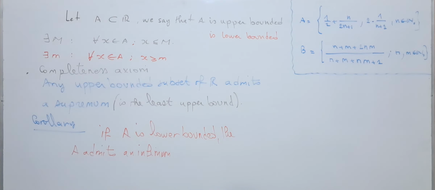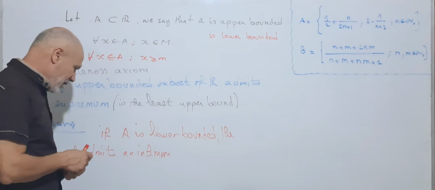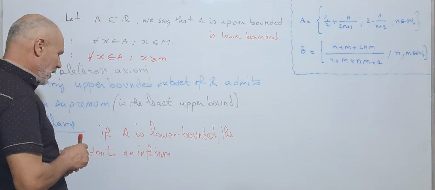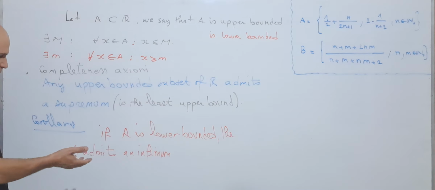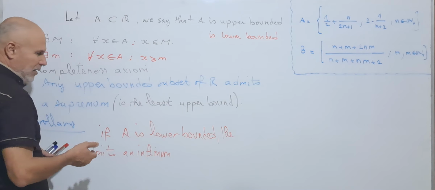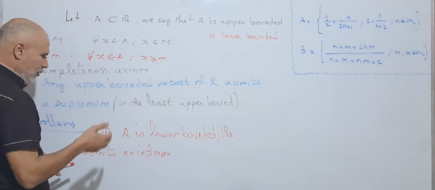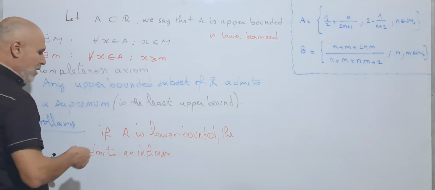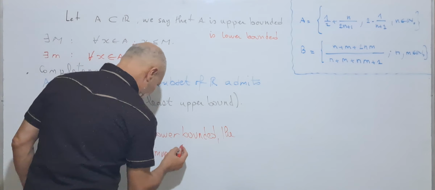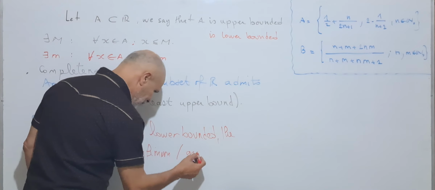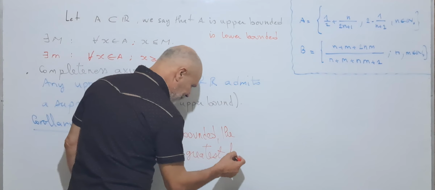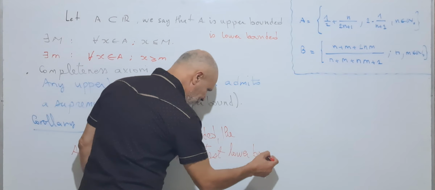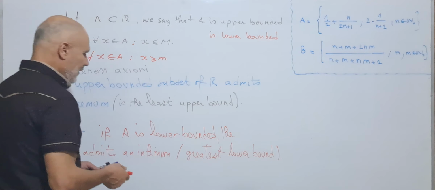So our lower bounded set admits an infimum. The infimum is actually the greatest lower bound, the biggest of the lower bounds.